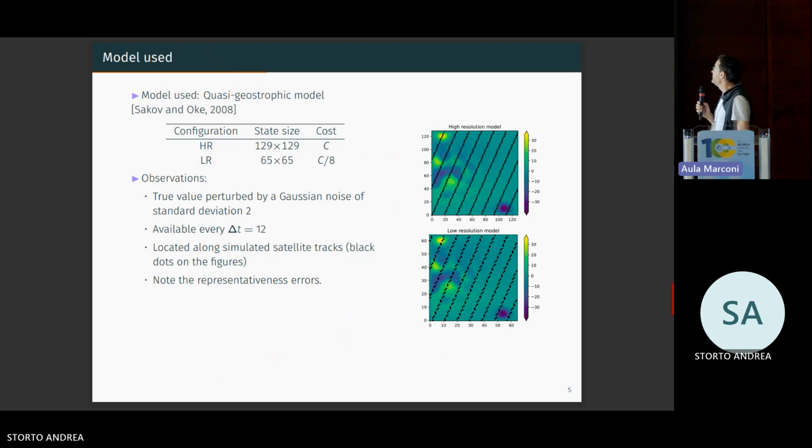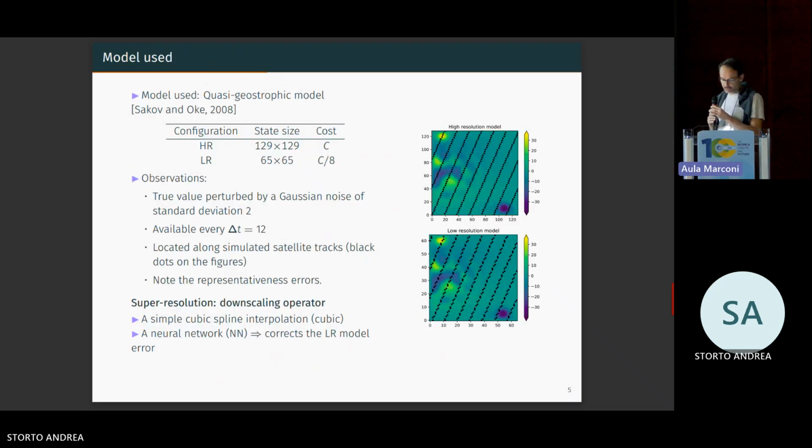The observation points are the black dots on the figure, and their distribution across the domain is supposed to mimic a satellite track. Also, in the case of the low-resolution model, we switch the observation points to the closest green points, which results in a representativeness error.